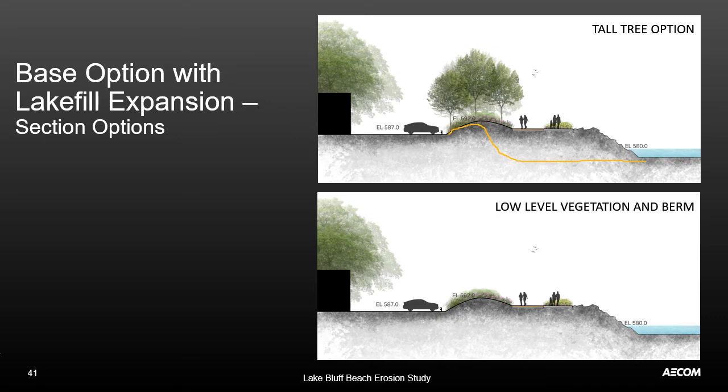So all of this area in here would be fill to create this new space. And same thing down in this one. The existing shoreline is here. This area is where the water line comes right up to on both of these. So you can see there's a significant additional land surface.